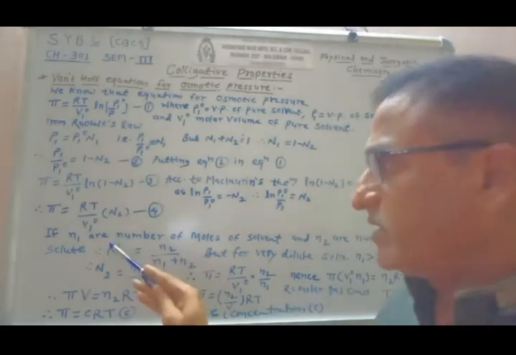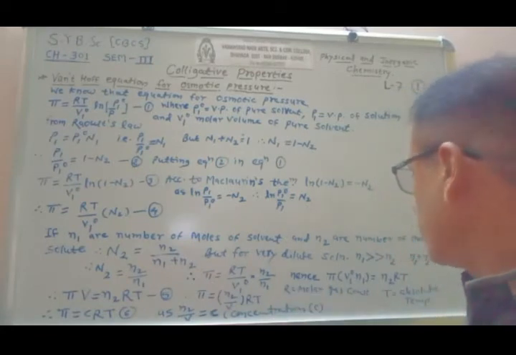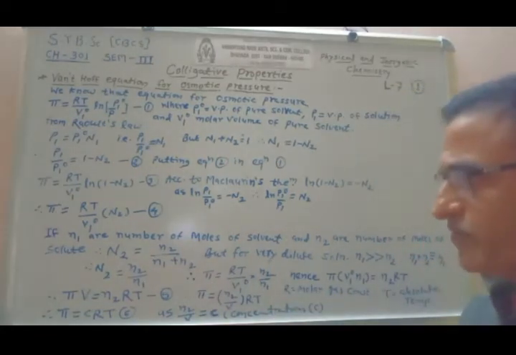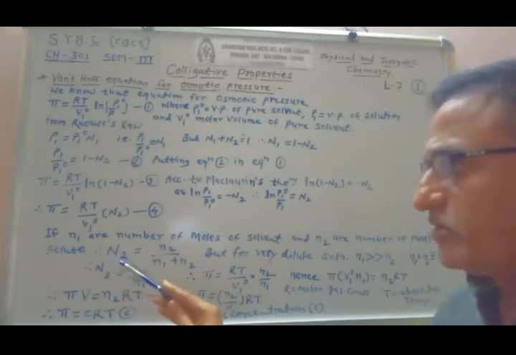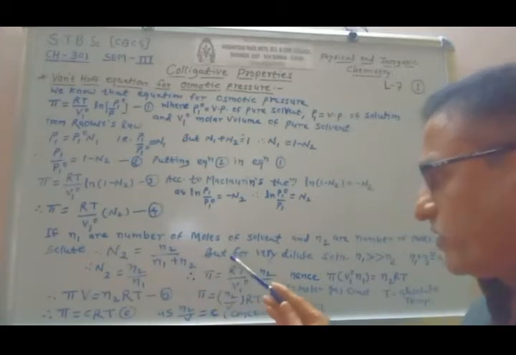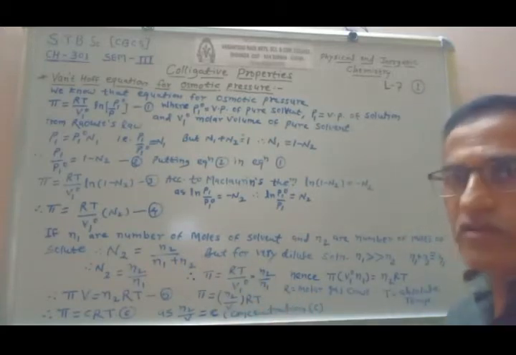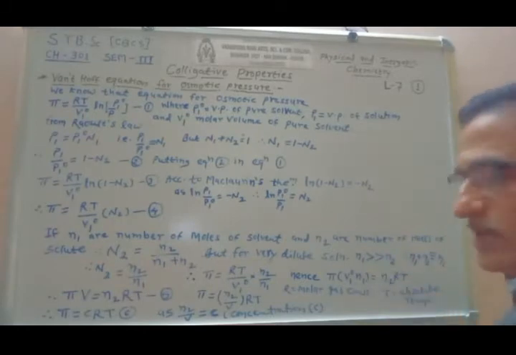If n1 is the number of moles of solvent and n2 is the number of moles of solute, then the mole fraction of solute N2 is equal to n2 divided by n1 plus n2. But for a very dilute solution, n1 is very much greater than n2, or n2 is very less than n1.